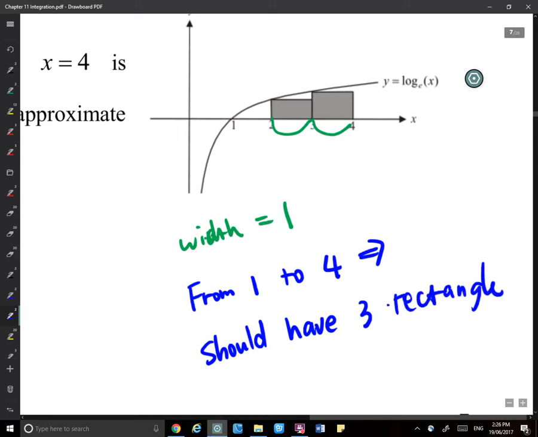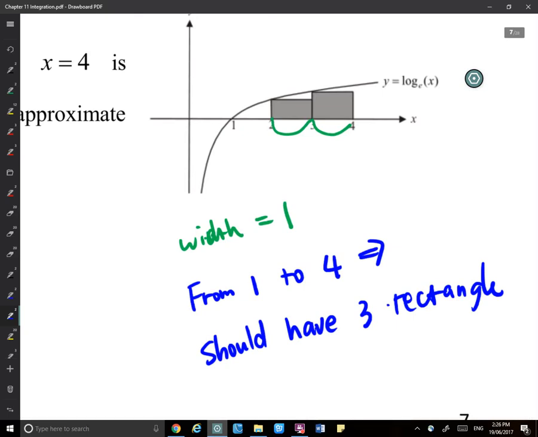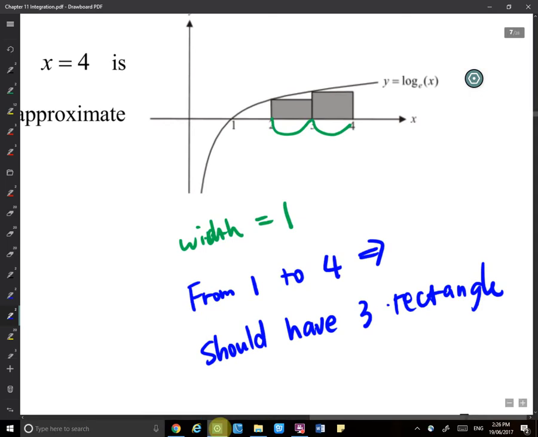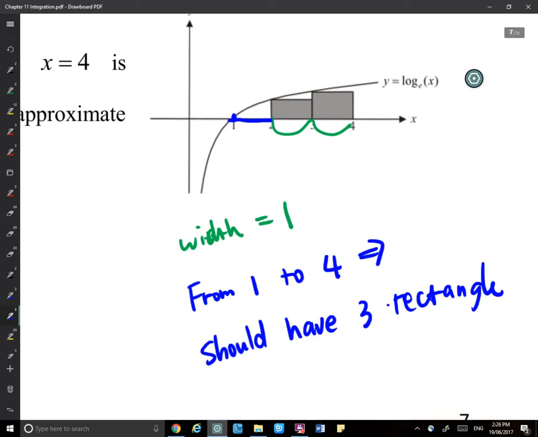Because the width is 1: 1 to 2, 2 to 3, 3 to 4. You should have 3 rectangles. But why do you only have 2? Where's the first one? Can you see 1 to 2 is 0? There's no area from 1 to 2 because it's a left-hand side point, and you have a y value of 0. So there's no rectangle there. You only have 2 rectangles there.